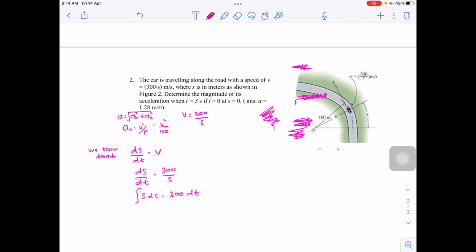S integrate, you get S squared over 2, is equal to 300 t. This one is from 0 to 3, and this one from 0 to S.